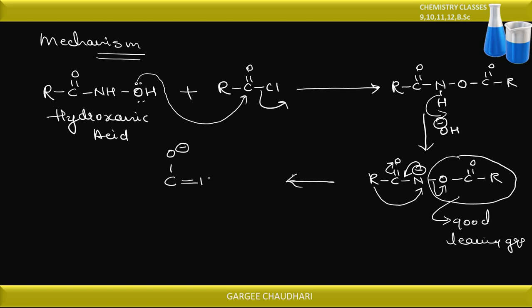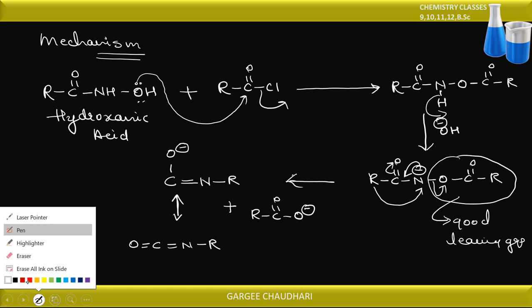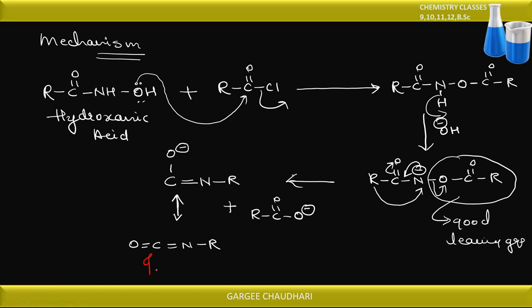Here double bond N and alkyl group is being attached to the nitrogen, plus here we have a good leaving group, that is R C double bond O O negative. This group can also be written as C double bond O double bond N and R. This is our isocyanate group.